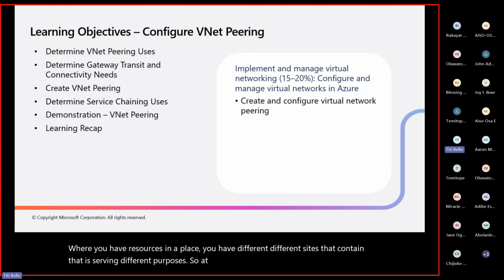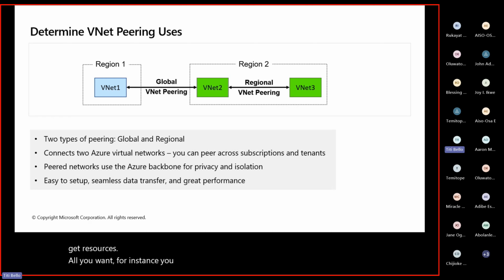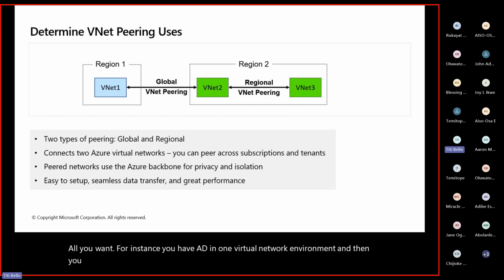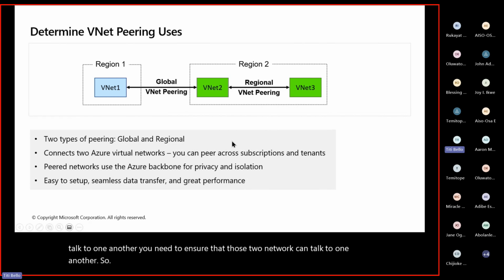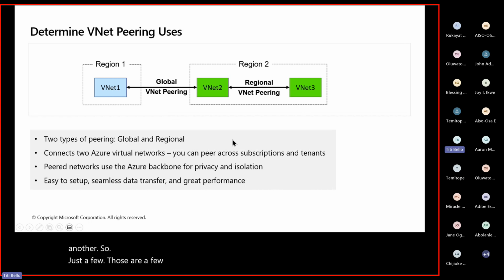Either the users to be able to go to a particular site and get resources, or, for instance, you have AD in one virtual network environment and another AD in another environment, and you want them to be able to replicate, or you want database replication, or you have a web server in one network and a database server in another network. For them to be able to talk to one another, you need to ensure that those two networks can talk to one another. So those are a few general use cases where you have to pair two networks together.